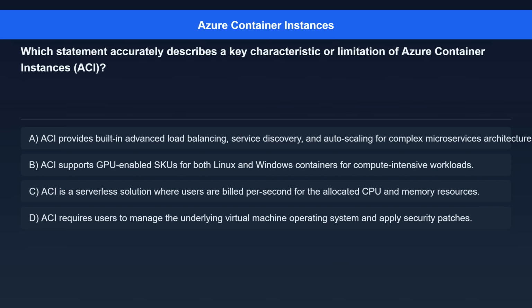Question 6. Which statement accurately describes a key characteristic or limitation of Azure Container Instances, ACI? Option A, ACI provides built-in advanced load balancing, service discovery, and auto-scaling for complex microservices architectures.